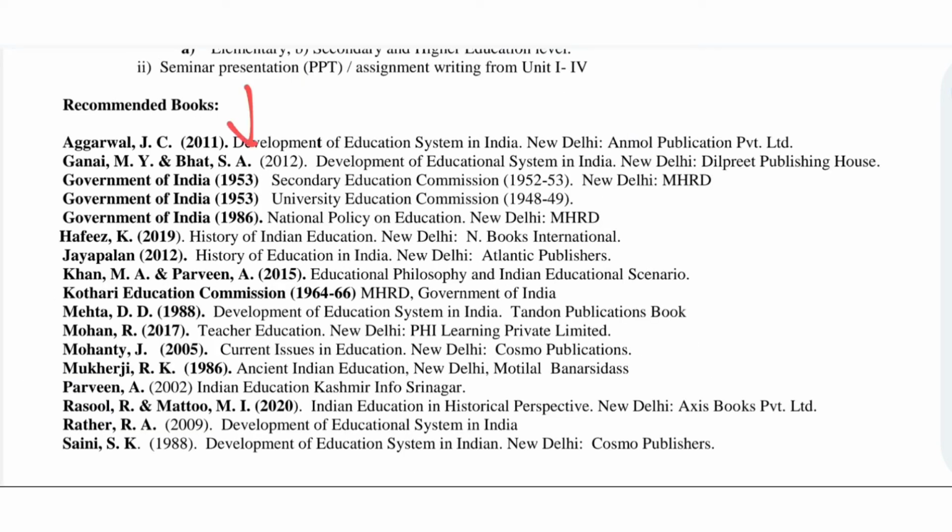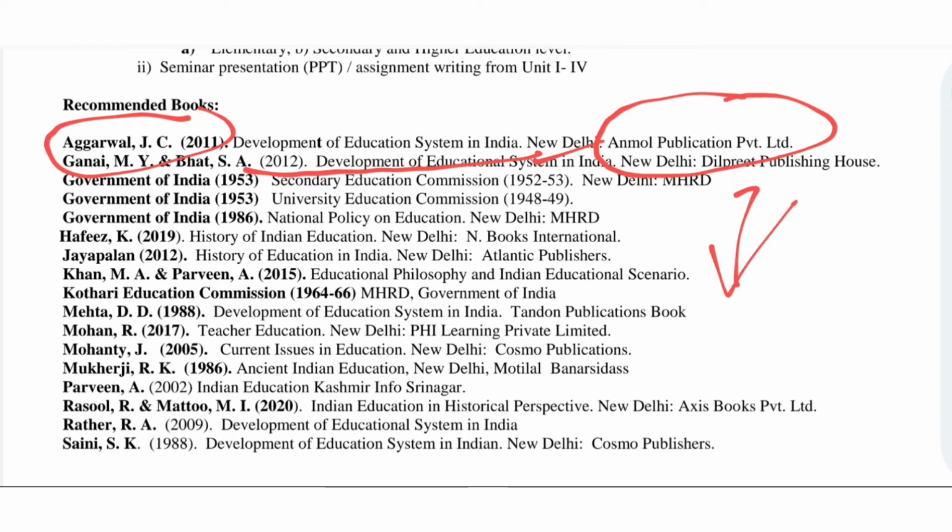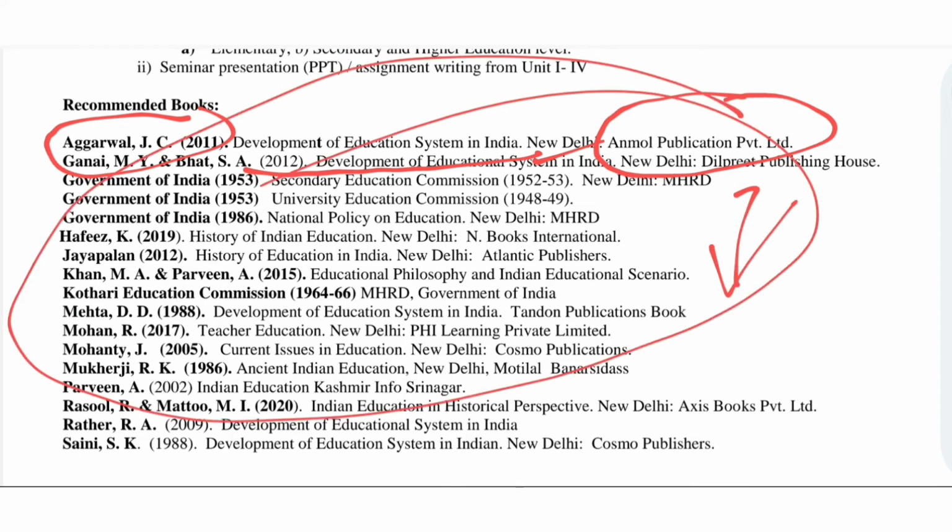Now recommended books. Number first is Development of Education System in India by J.C. Agarwal, published by Anmol Publications Private Limited, New Delhi. So these are some other recommended books.